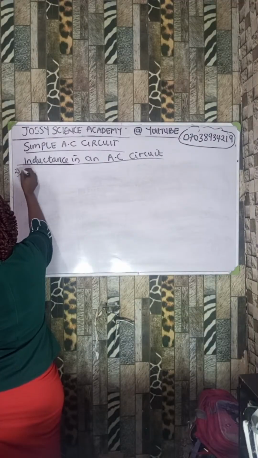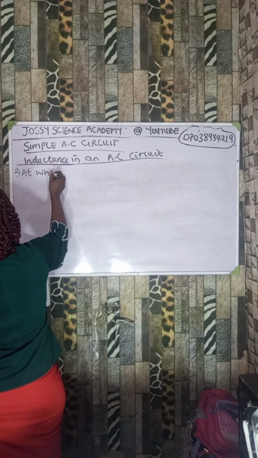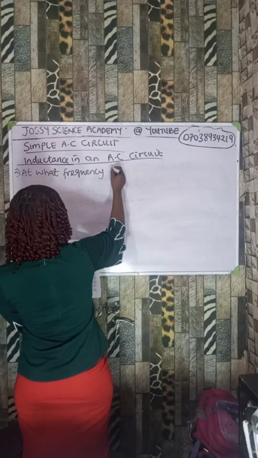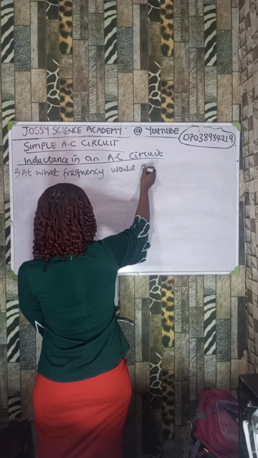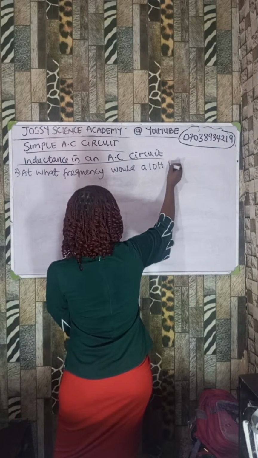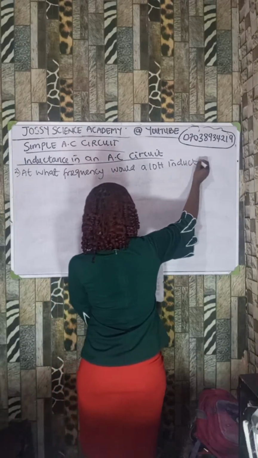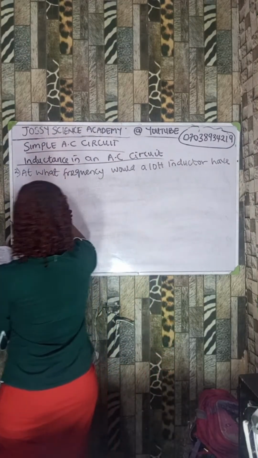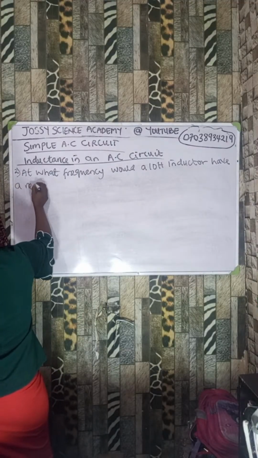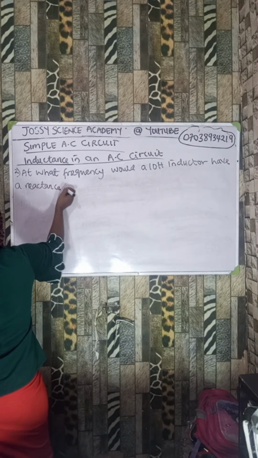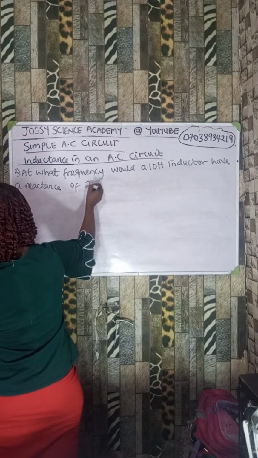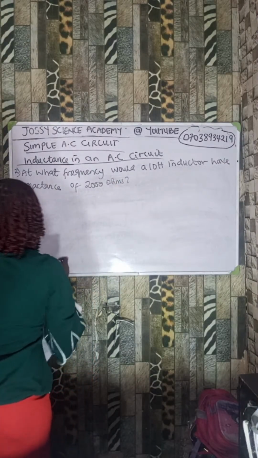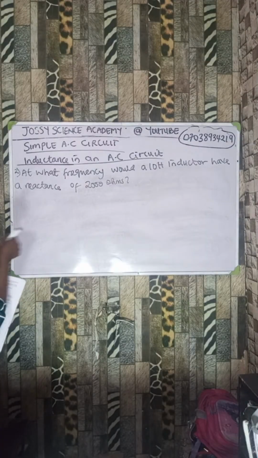So that is question 2. At what frequency would a 10 H inductor have a reactance of 2000 ohms? So let's look at the options provided.